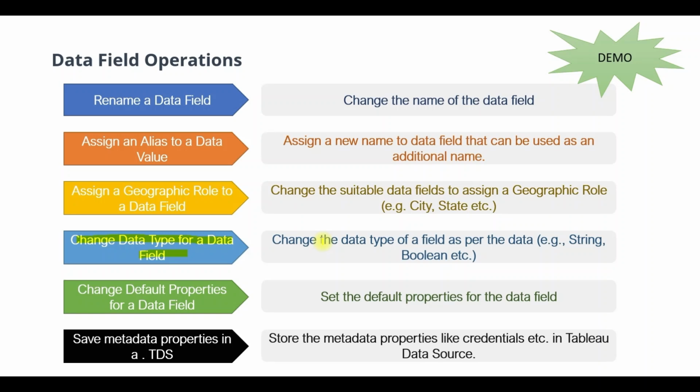At that point of time we can change the data type of the field to integer. So we can make use of changing the data type manually. We can change it to string, boolean, etc. depending upon our requirement and the type of data flowing in.